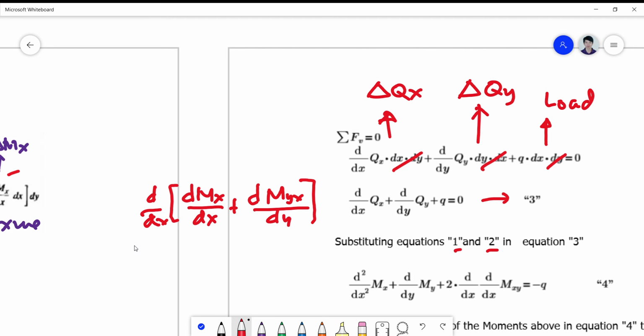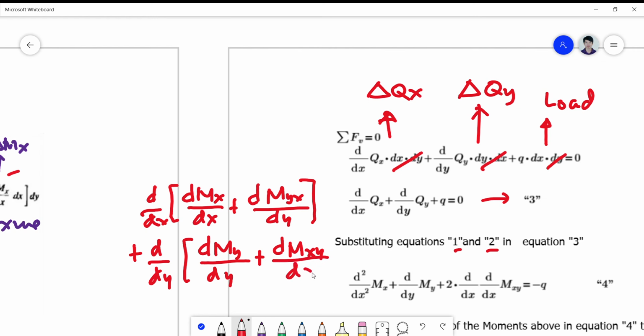Okay, plus the d/dy of the derivative of my all over dy plus the derivative of mxy all over dx.